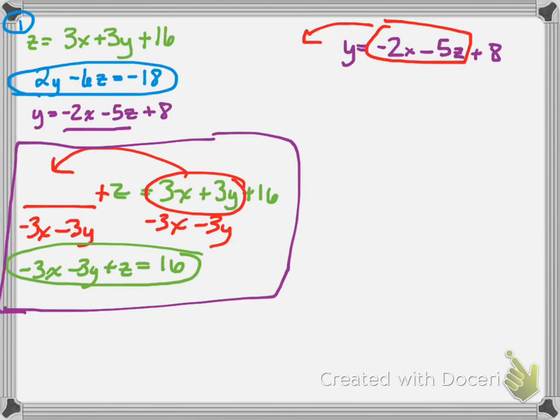So to move that around, negative 2x, I need to add to move it. I'm subtracting 5z, so I need to add to move it. So I'm going to add it to both sides.